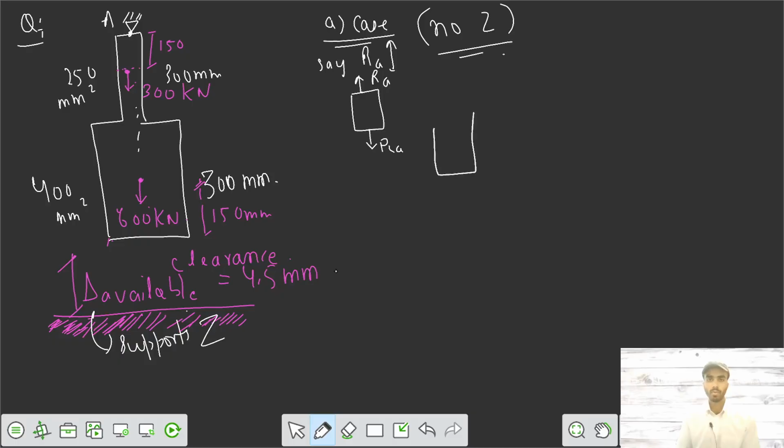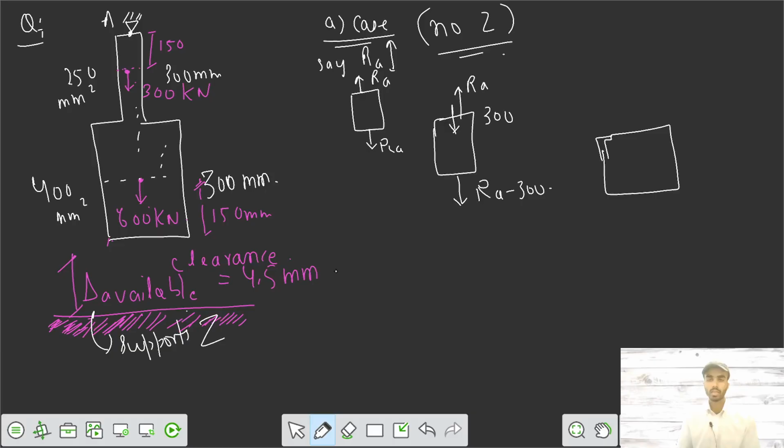And for the next 150 mm, you have a force of 300 kilonewton there, and you have reaction A upwards. So the net comes out to be, assuming Ra, Ra minus 300. And in this part, this 150 mm part, I would say this is your 150 mm part.